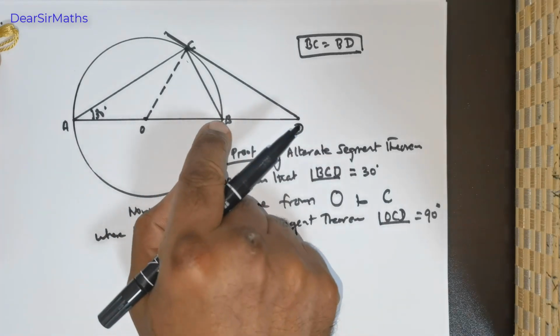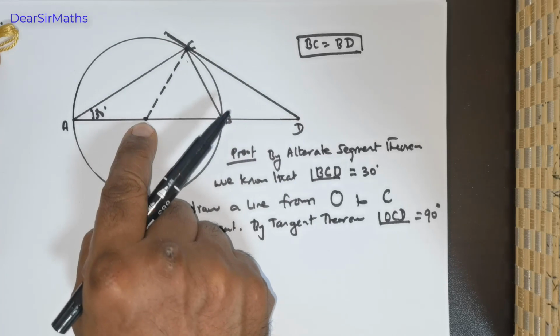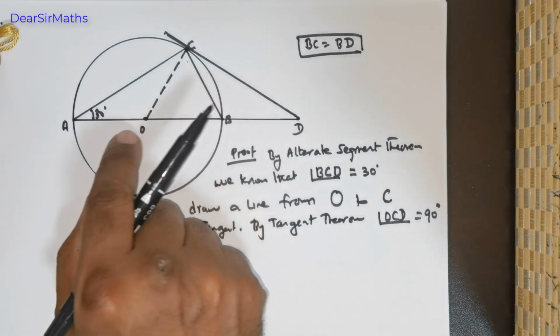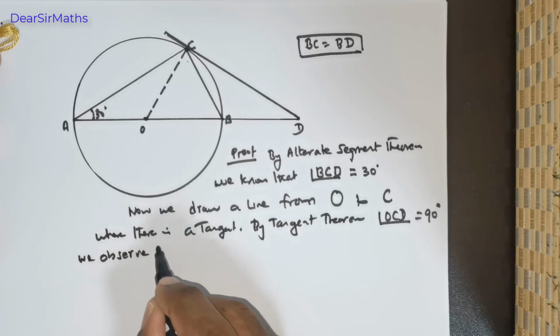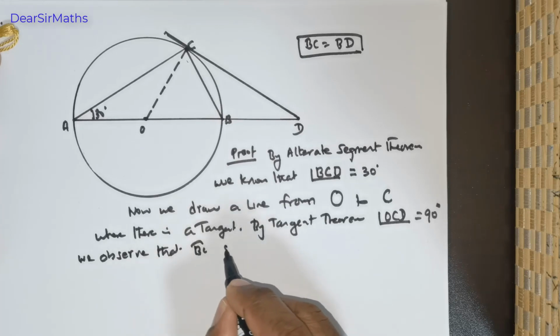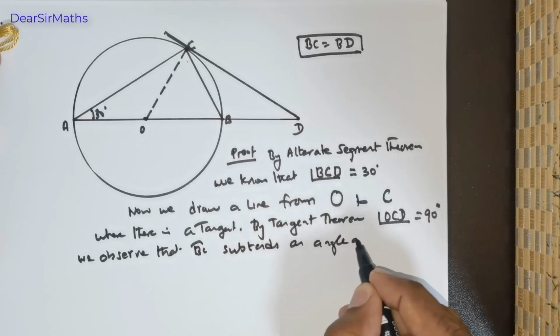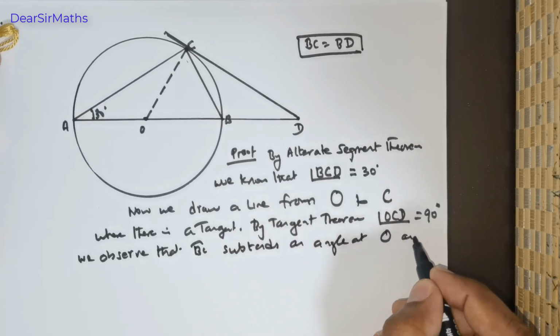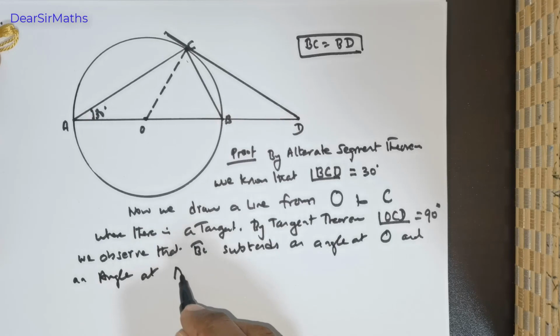Now you see this arc BC, it subtends an angle at O and it subtends an angle at A, right? We observe that arc BC subtends an angle at O and an angle at A. You clearly see that. You see that? Now there is a theorem.